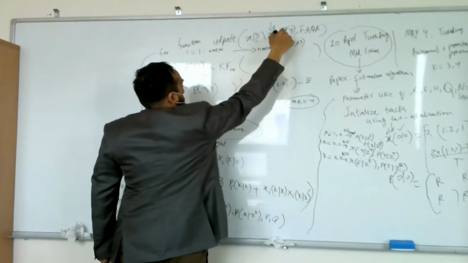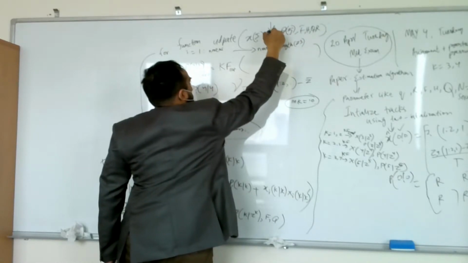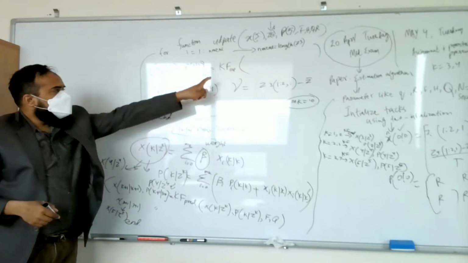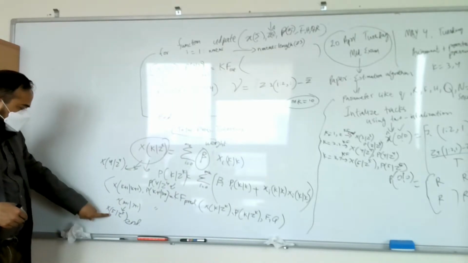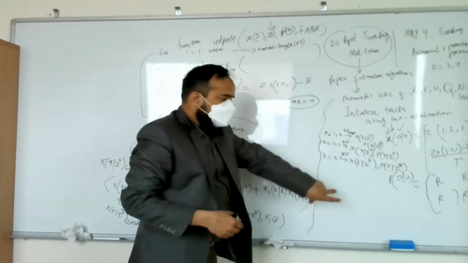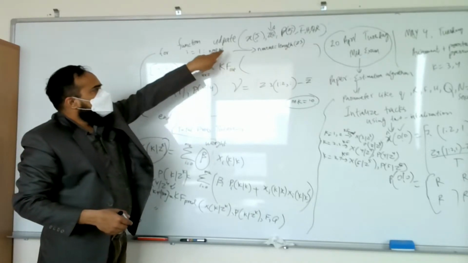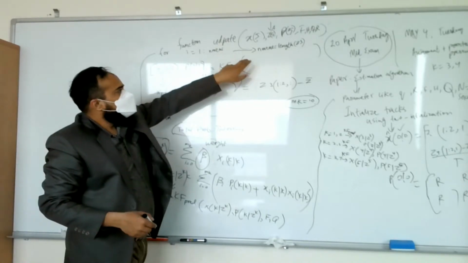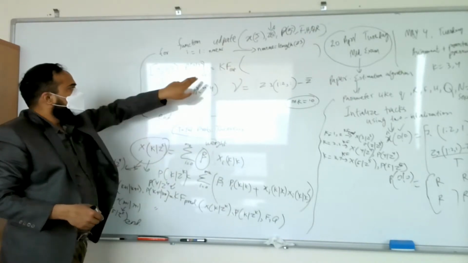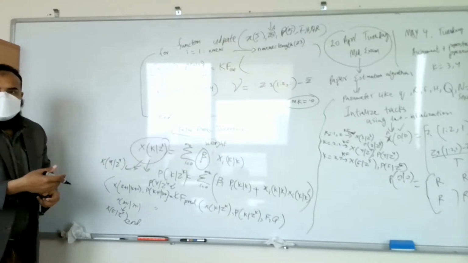So those values which are already calculated here and those values which are initialized here, both values all together are again input here to update using the Kalman filter estimation to update the x of 6.